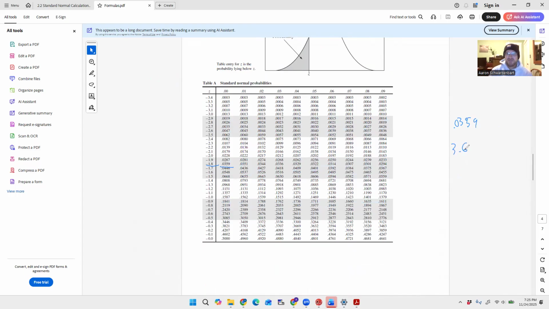So approximately 3.6 percentile. Maybe instead of a percent sign, I should say percentile. Okay, and my z-score ever so nicely gave me that. Okay, let's show you how to get this on the calculator.